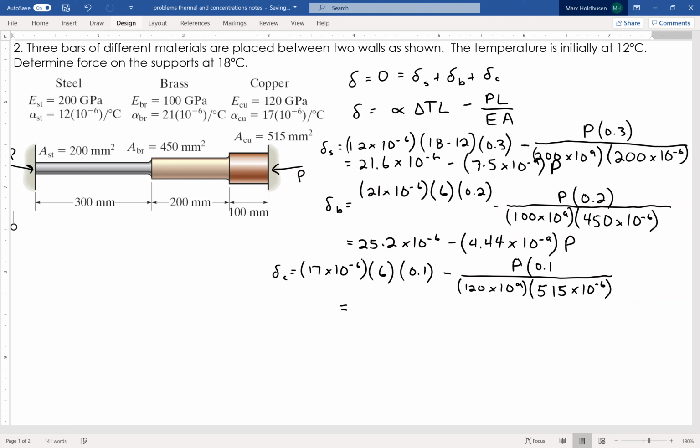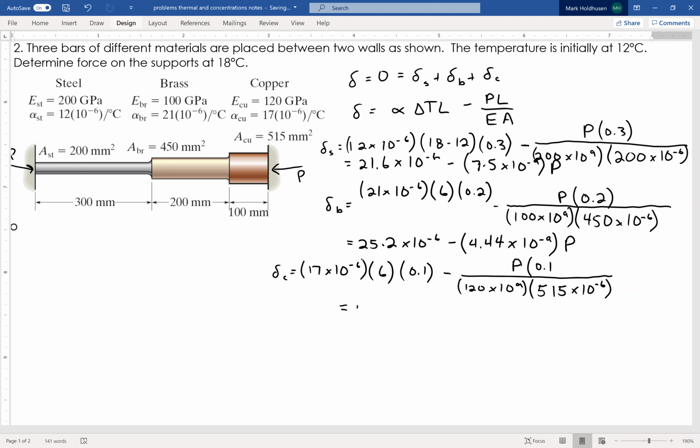So this guy then becomes 57 times 10 to the negative 6 minus 13.6 times 10 to the negative 9 times P. Whoops, I wrote the wrong one, that's what the next guy equals.